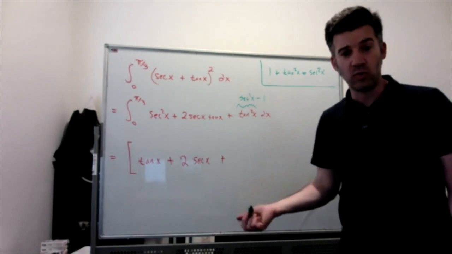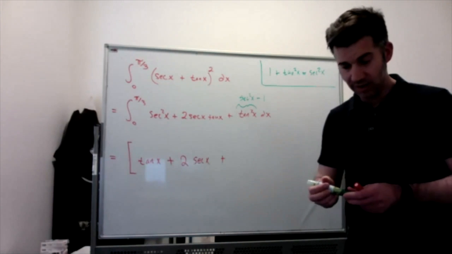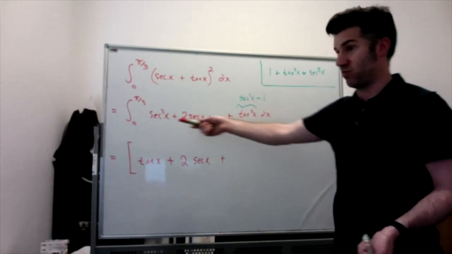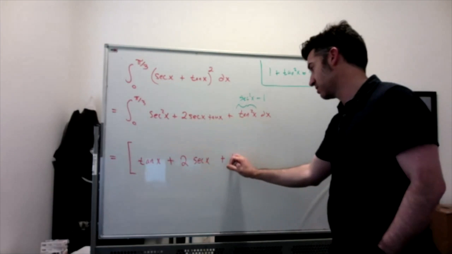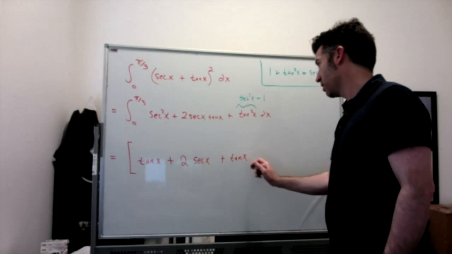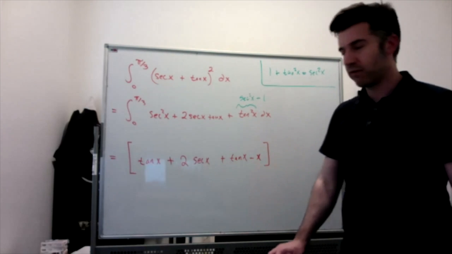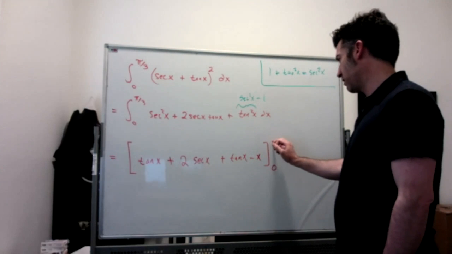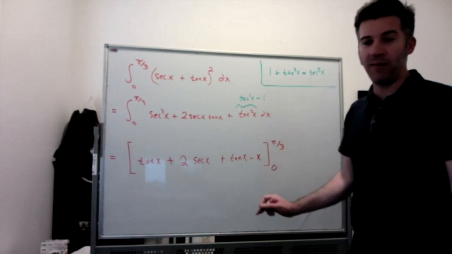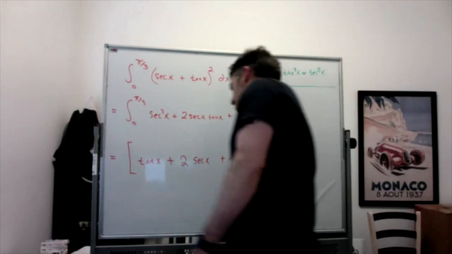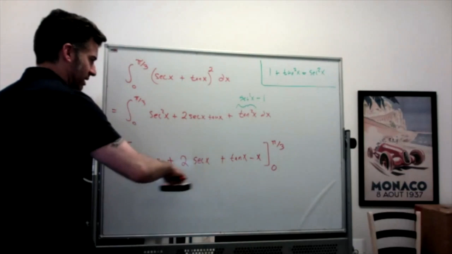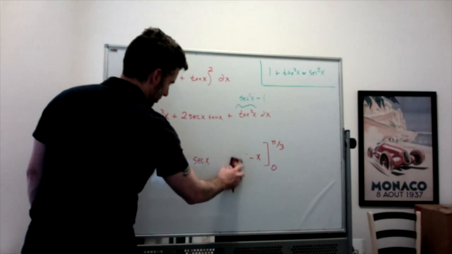And then that's super easy to anti-differentiate. The antiderivative of secant squared x, we already did that as tangent x. And the antiderivative of 1 is x, from 0 to pi over 3. Now, I would probably simplify this and say tangent of x plus tangent of x is just 2 tangent of x.